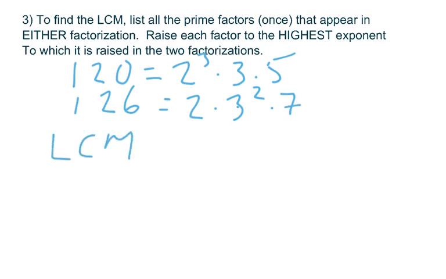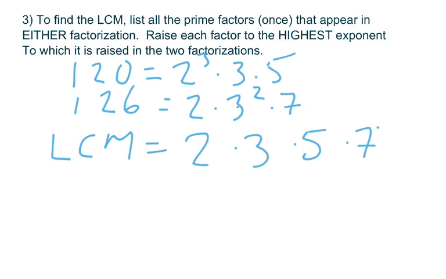What you do differently for the least common multiple is you look at all the prime factors that show up in either factorization, any prime number that shows up on either list. So we're going to include the 2s, the 3s, the 5s, and the 7s. If it shows up even once in one place, you use it. So write down those numbers just one time: 2, 3, 5, 7. And it's okay to put multiplication symbols in between.